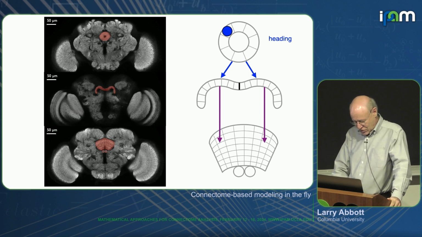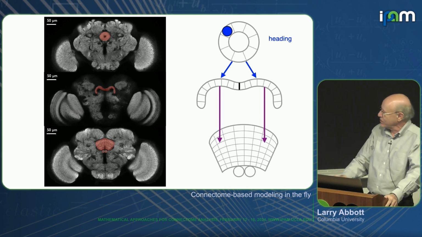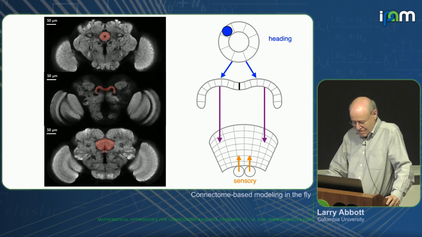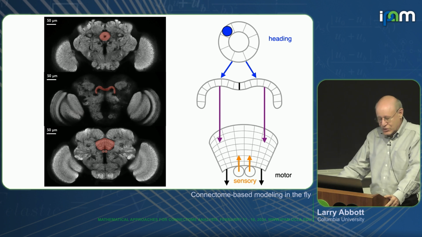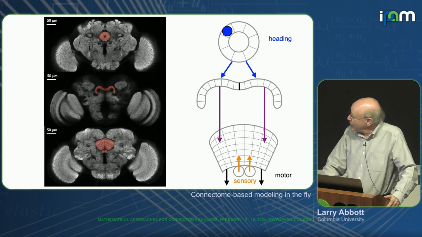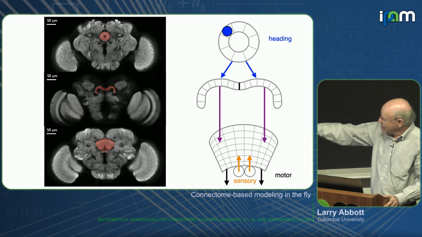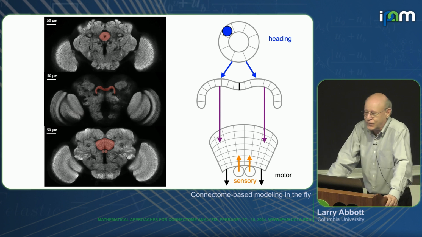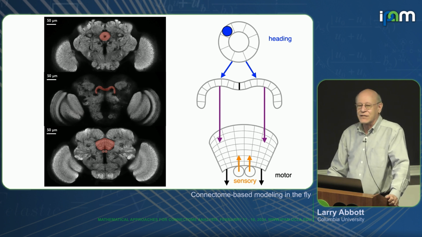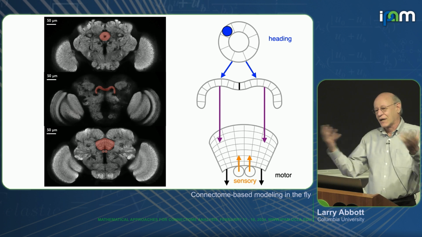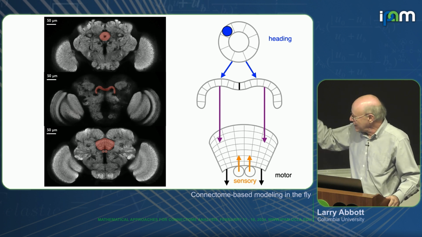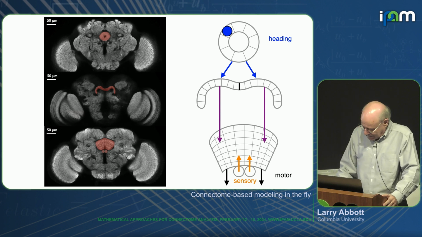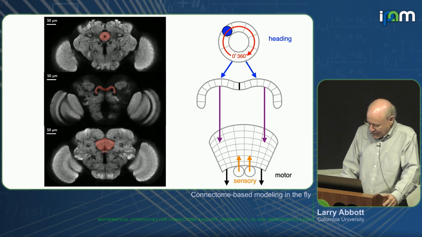The fan-shaped body also gets, through these noduli that you can probably just barely see at the bottom, sensory information, and then it outputs a motor signal. So the idea is that particularly the fan-shaped body is a navigational computer, at least one of its functions, which takes in sensory information, heading information, comes to a conclusion about what should be done, and sends out a motor signal to act and do that thing. Okay, that's a general framework.